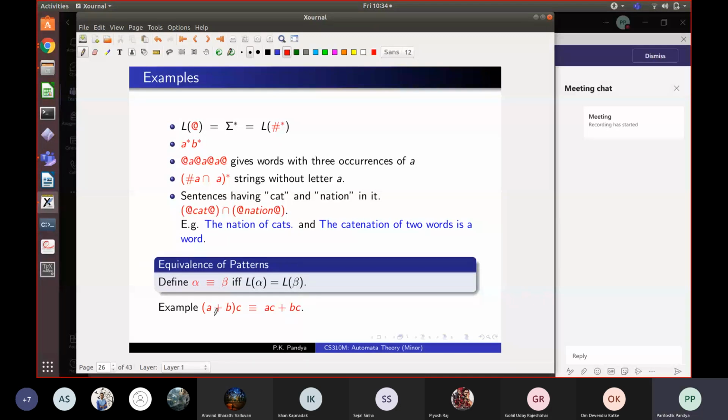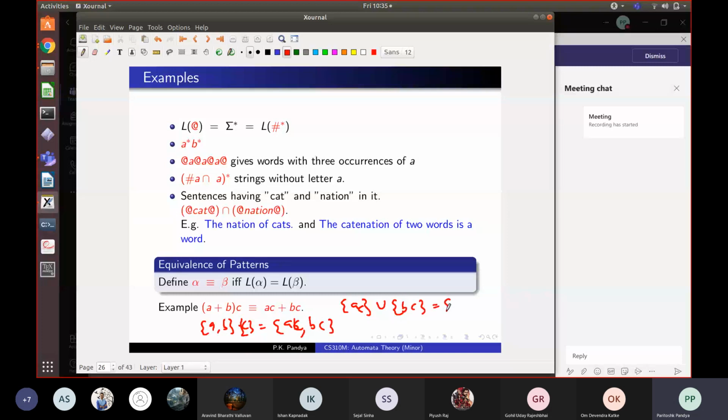But that is easy to see. You will get the language containing only A, only B. So we will get a language containing A and B. And then when catenated with C, language containing C will give you AC, BC, right? And right hand side will also give you the same. The left hand side will give you AC, and then you will take union of that with BC.